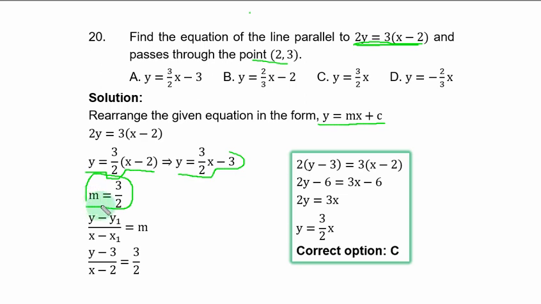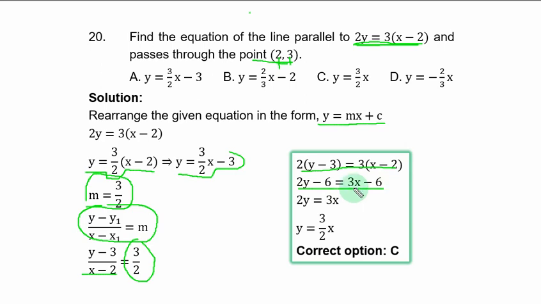Now such an equation can be formed using the point gradient form. Already the gradient is 3 over 2. If you look at this coordinate, the first point is s1 and the second point is y1. So you have it in this form. If you cross multiply, you have this result. You open brackets, you have this result.